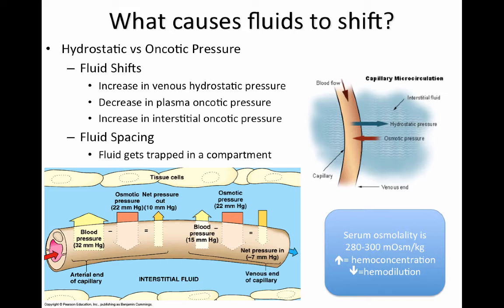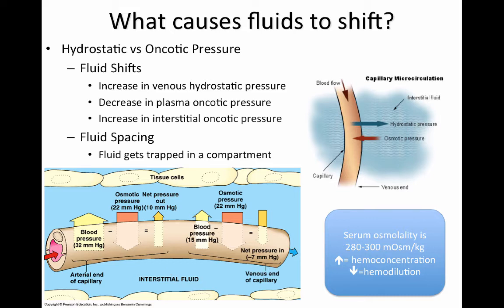Because if you have an increase in hydrostatic pressure, then the fluid is kind of stuck in this area, and so you'll see an increased blood pressure from that because it's stuck in the intravascular space.